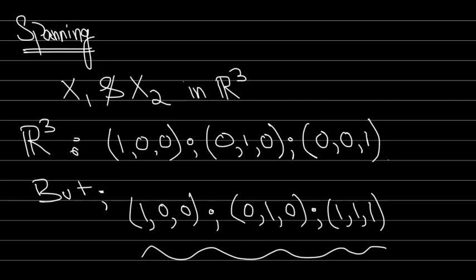So we have this as an example for linear dependency and the spanning of a vector space. So let's look at some more useful consequences of the basis definition now.